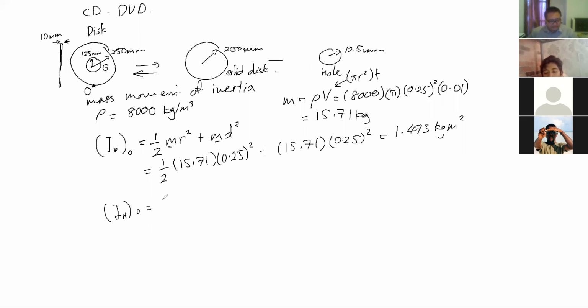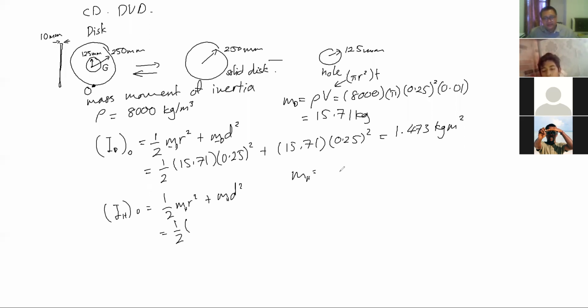I_H is equal to the same formula. So here is M for this hole, since the dimension is smaller. It is M_H, M for the hole.